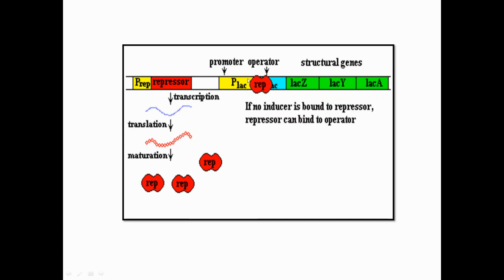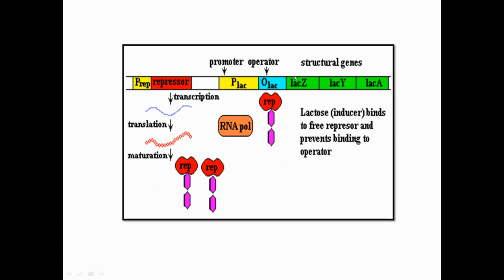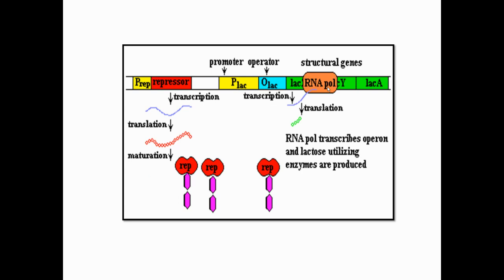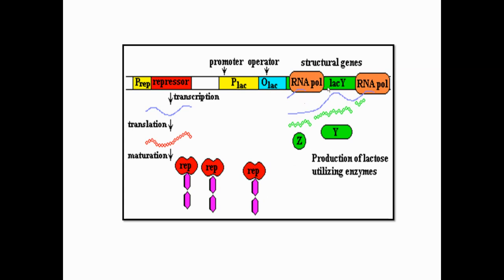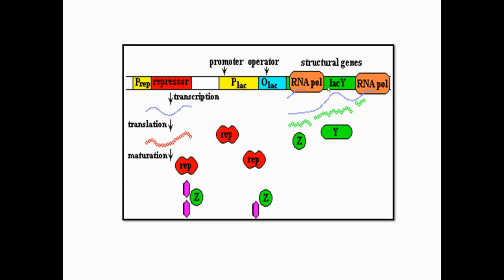Okay, you can see here the operator region is going to be blocked by the repressor protein, and when the repressor protein binds with the operator region, then the whole synthesis of z.ya is going to be stopped. So that's how this actually works in the negative control, because the repressor protein is going to block the transcription of z.ya.